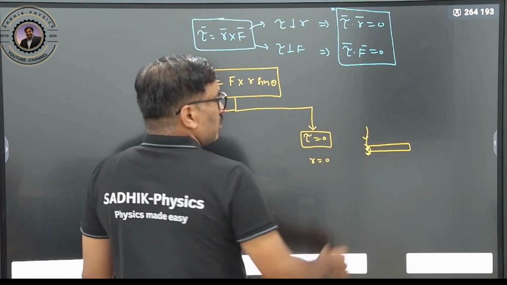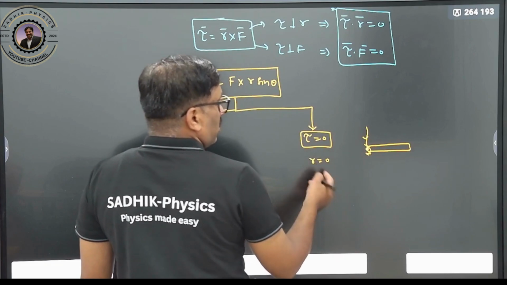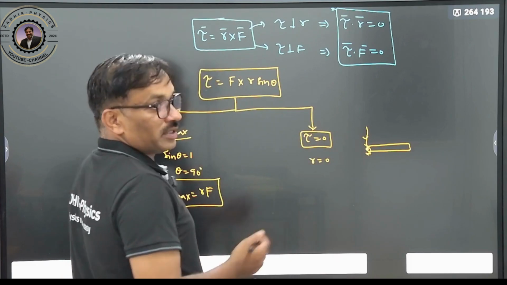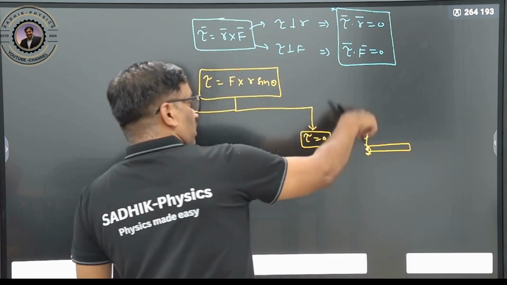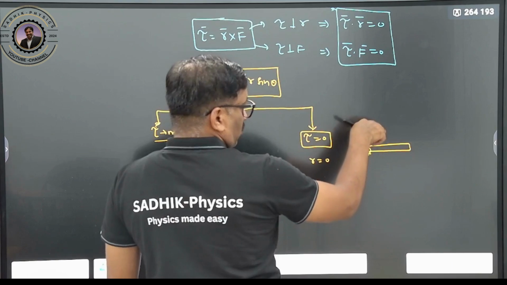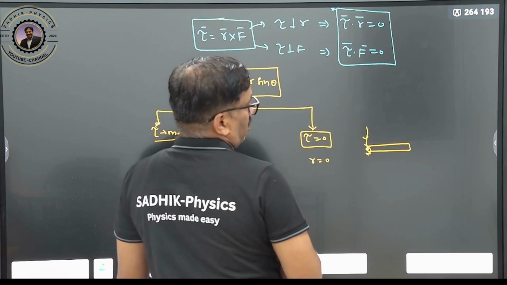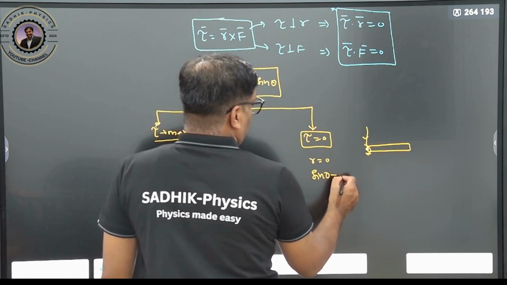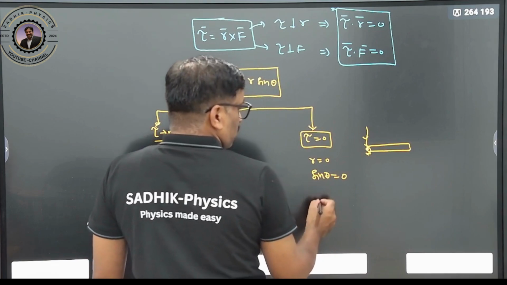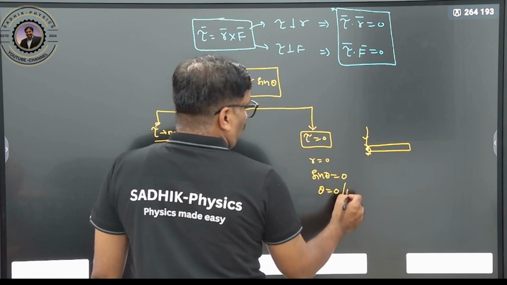Because R is equal to 0, the torque will be equal to 0. Even though the force is there, it is acting toward the hinge. Also sin theta is equal to 0, that means theta is equal to 0 or 180.